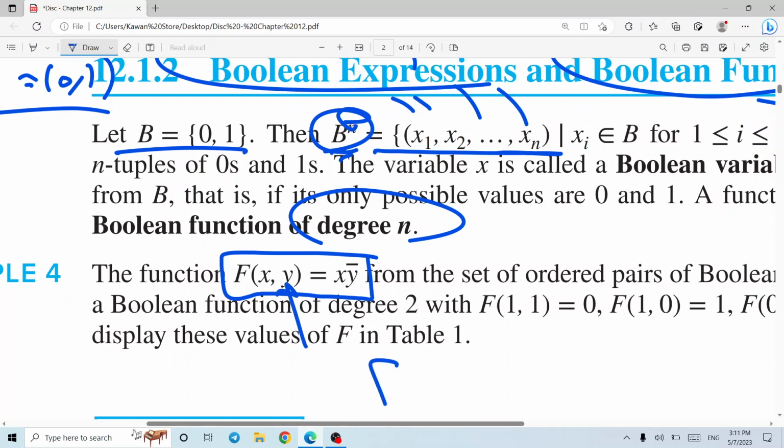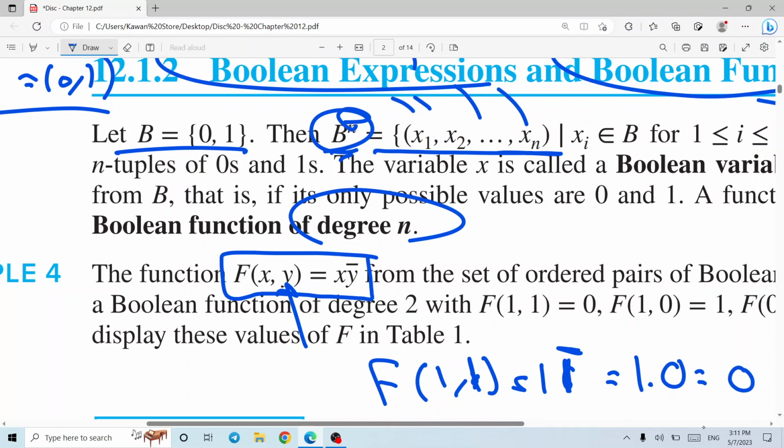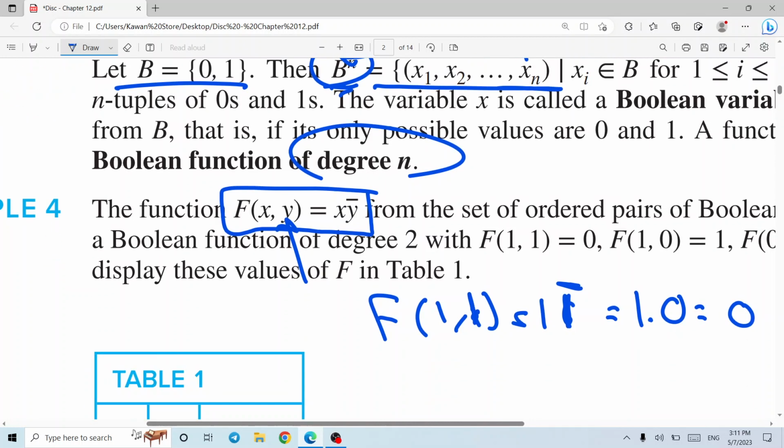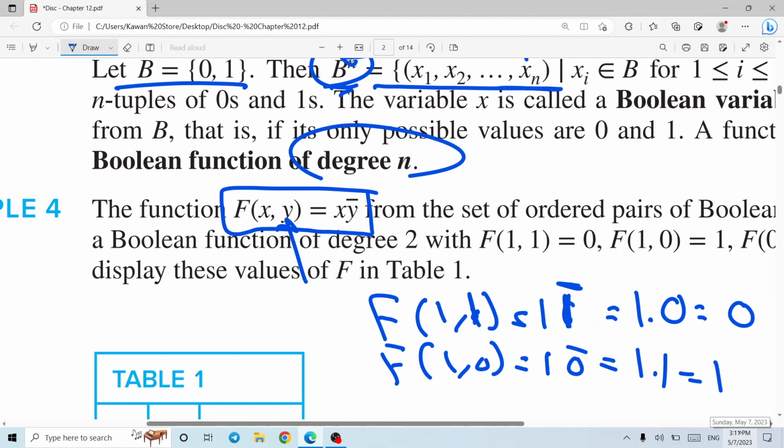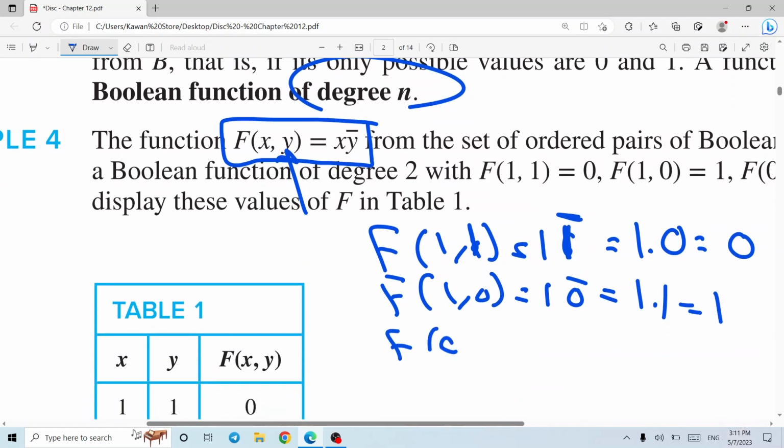Maybe I'll get both of them true, so I'll get 1 complement, which means 1 and 0, which means 0. Understood? How about f(1,0)? I'll get 1, 0 complement, 1 and 1, and I'll get what? 1. And of course you can find the other one. Can you tell me what is equal to what?